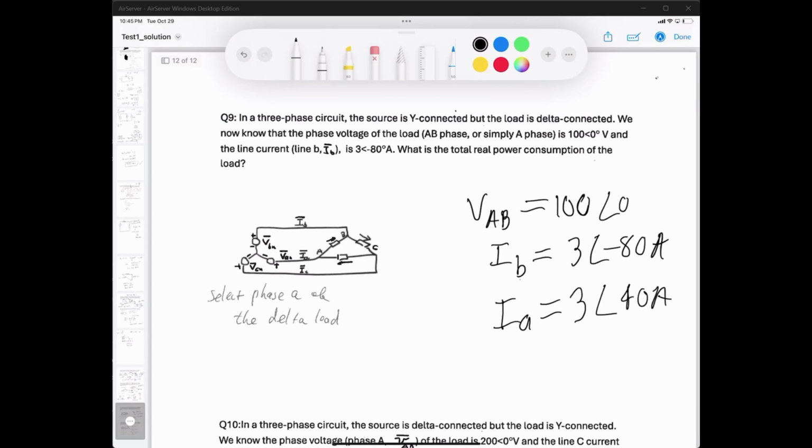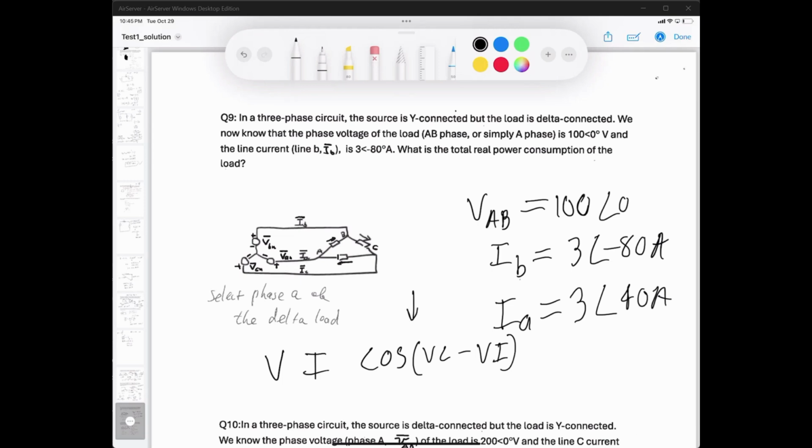We can do voltage times current times the cosine of the angle difference between voltage minus the current. And this cosine power factor will show us what the real power is, right?